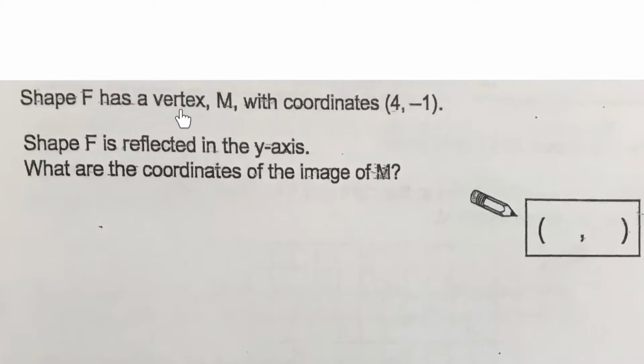Shape F has a vertex M with coordinates 4, -1. Shape F is reflected in the y-axis. What are the coordinates of the image of M? Now, we have not been given a drawing or image of the reflection. So in these types of questions, the best thing to do is just to draw a rough sketch.